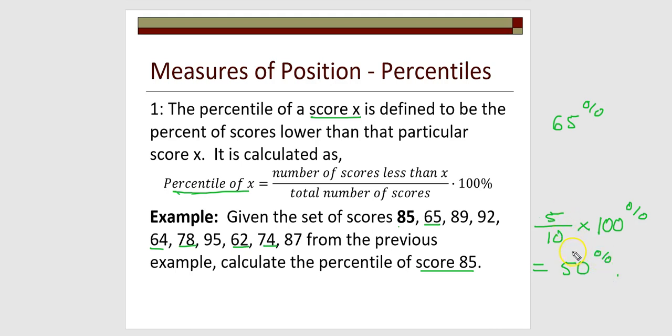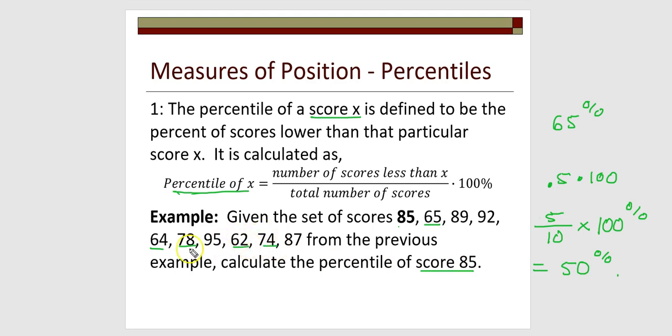Right, 5 over 10, 0.5 times 100, move the decimal place 1, 2 over, 50%. So that's the percentile for the score of 85.